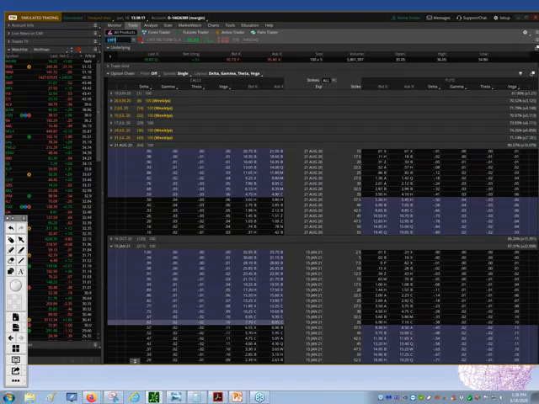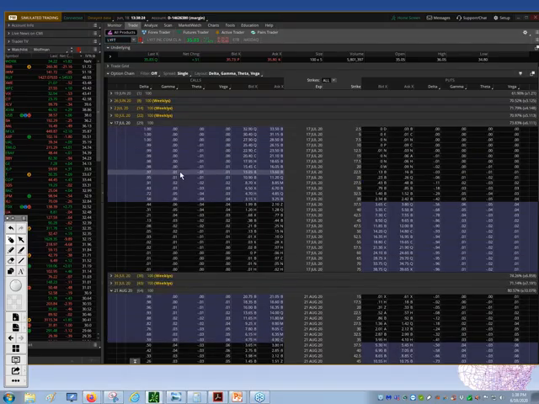So what we have to do is understand whether or not this is an underlying that has a lot going on. Is there a lot of eyeballs there? Is there a lot of open interest, a lot of interesting things to do in Lyft? Well, what we do here is we look at the underlying.